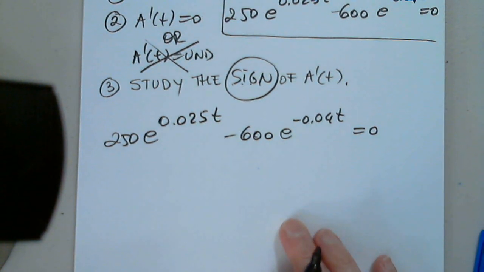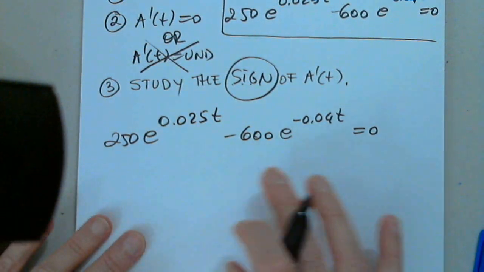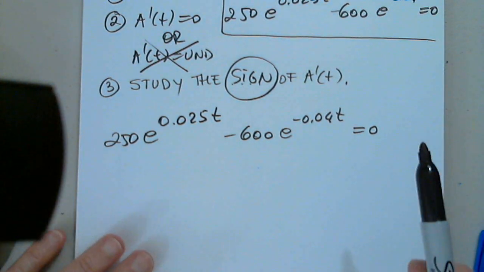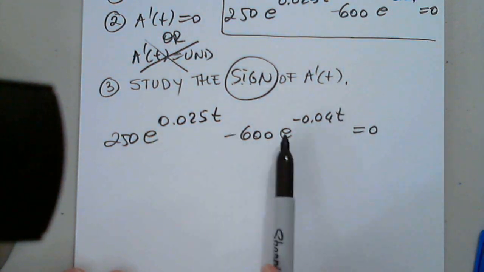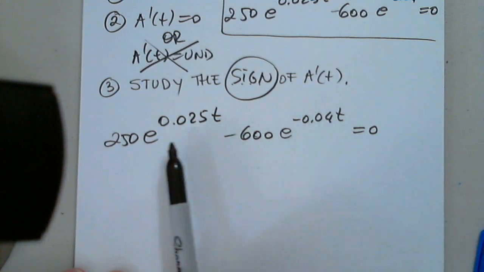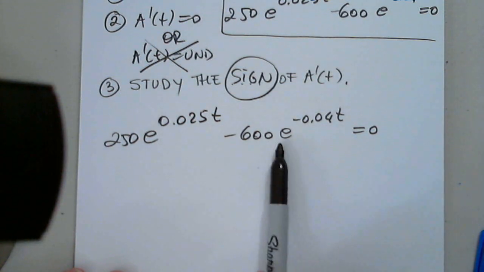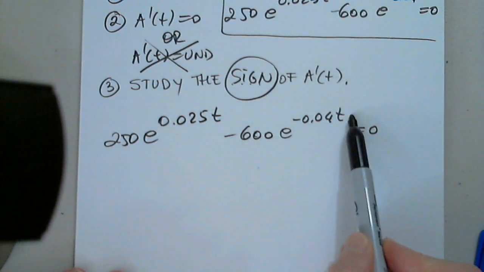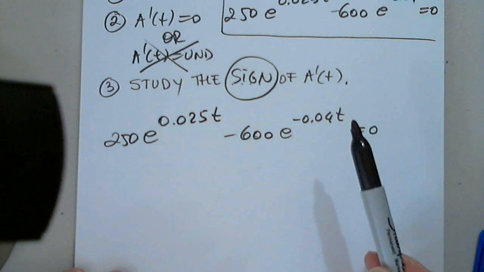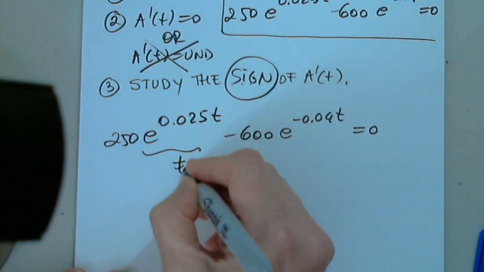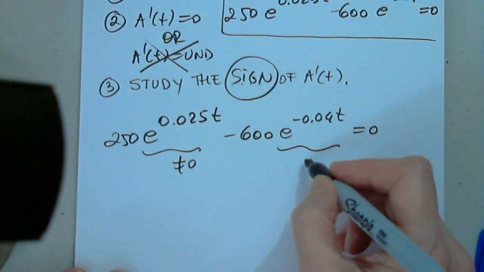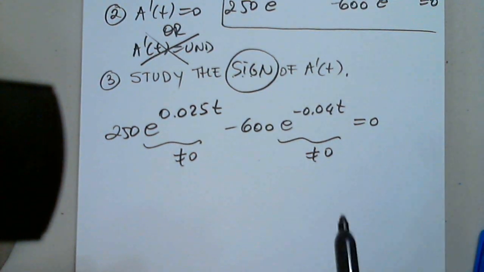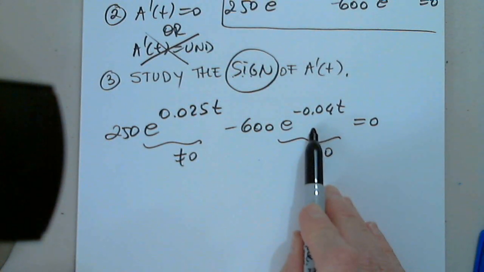Here's how we proceed to find the solution for t. These are not like terms. We cannot combine them, because as you see, the power is different. We have to divide by one of them because this will never be 0. As you know, remember the graph. So I can divide by this.